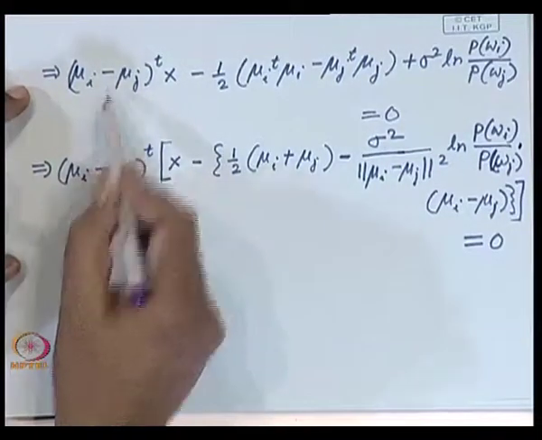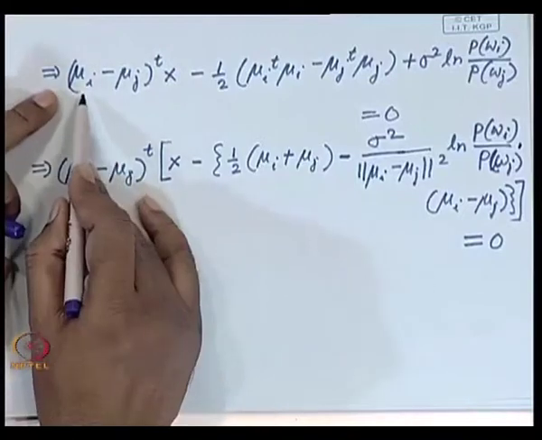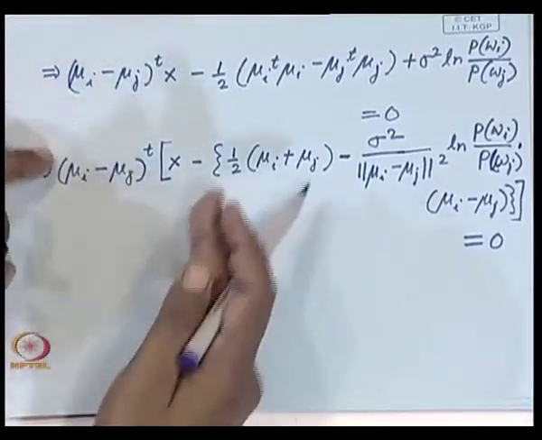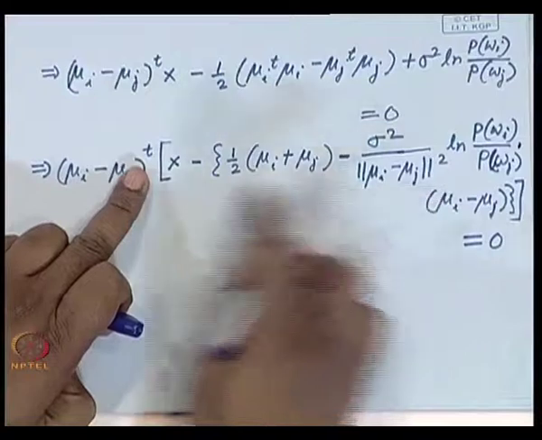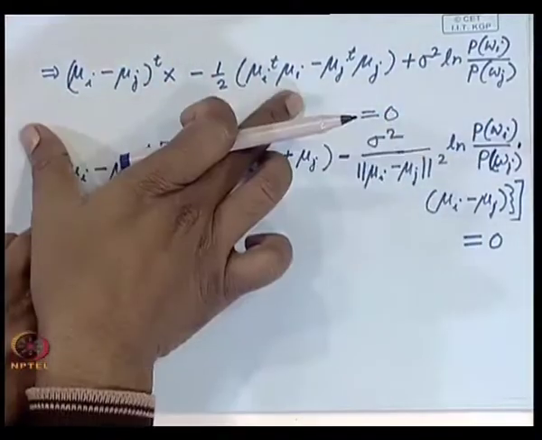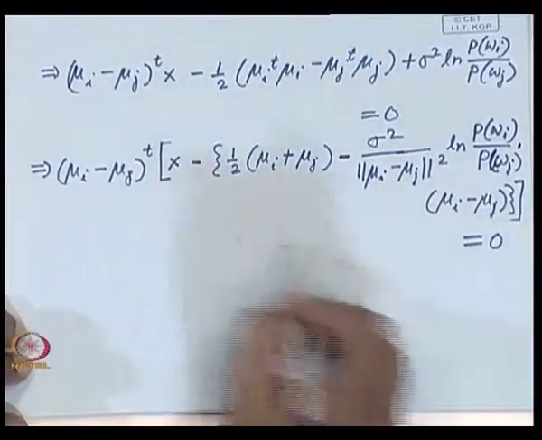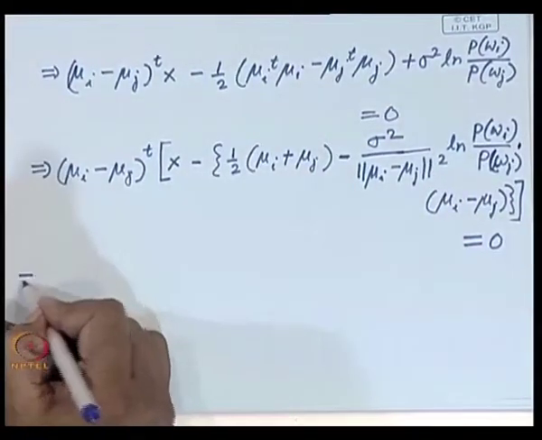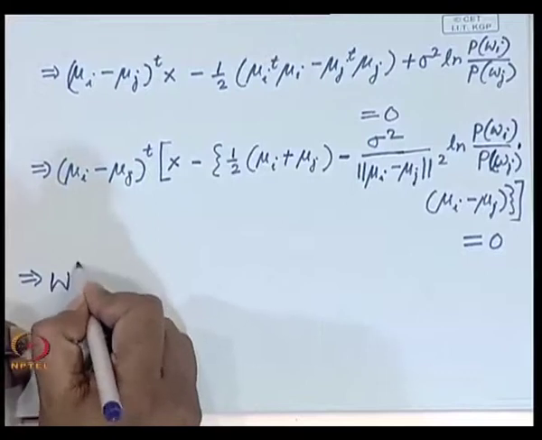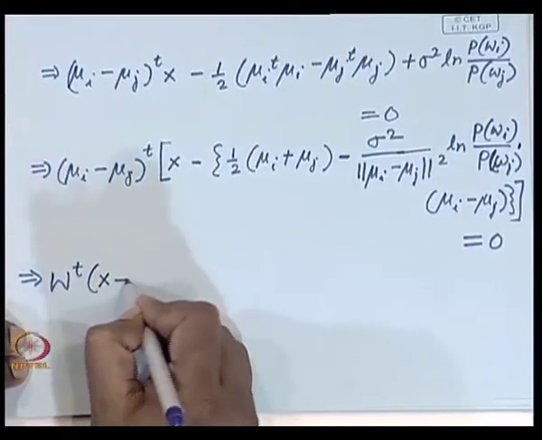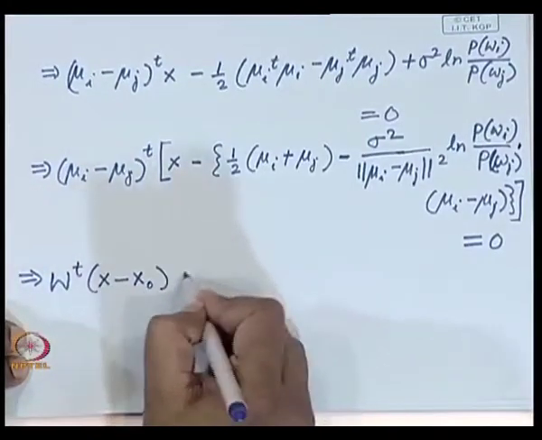I can convert this expression into this form where (mu_i minus mu_j) transpose has been taken out of all the terms. When I write it in this form, this is simply of the form W transpose (x minus x_0) equal to 0.